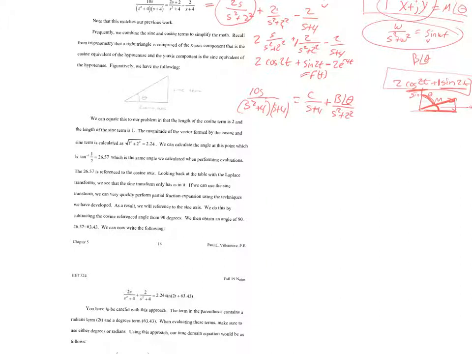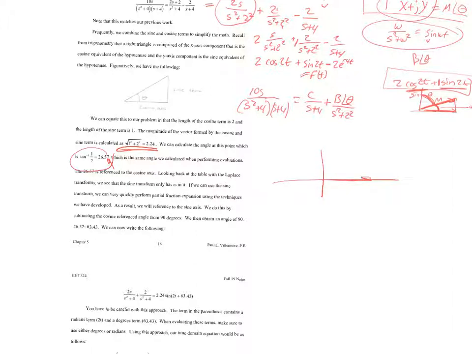And remember what I said? I took and combined the magnitudes, right? The 1 squared plus 2 squared, because there's a cosine of 2 and there's a sine of 1. And then I take my angle here, which is the inverse tangent, and I get this value here, that 26.57. It's referenced to the cosine axis, right?